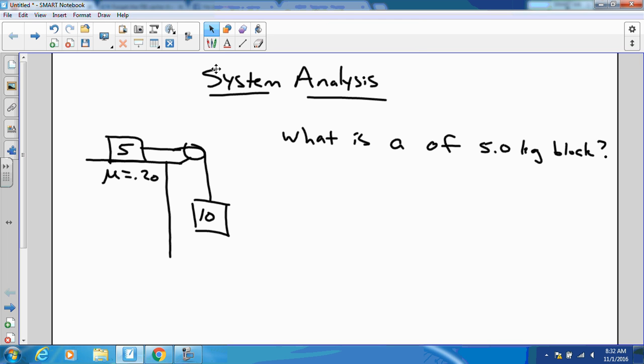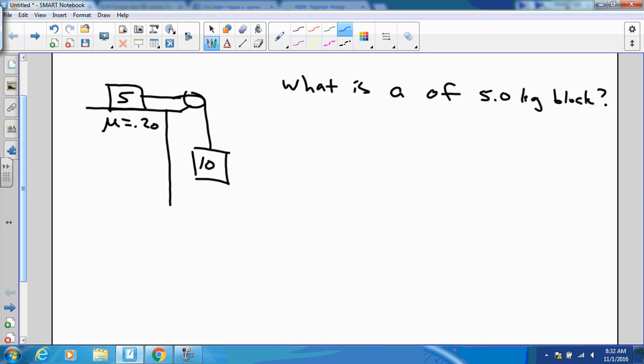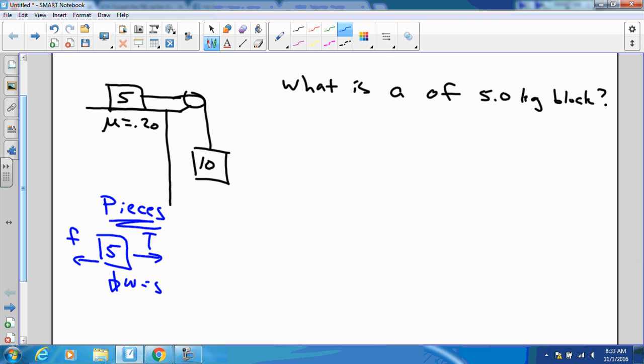Now, you guys have been working hard analyzing this in terms of its component pieces, and you're comfortable with doing a free body diagram. So if we were to analyze this by taking each part, we would create a quick free body diagram of the 5 kilogram block, and we would show a frictional force here.